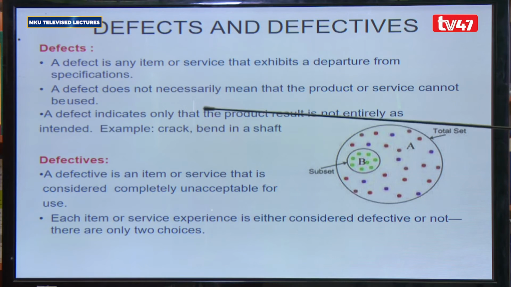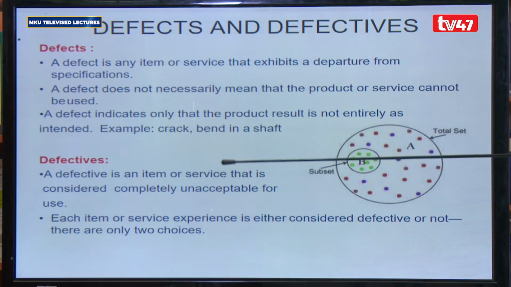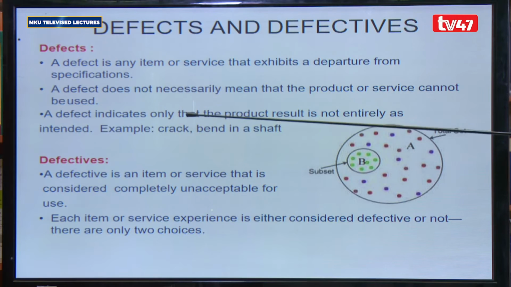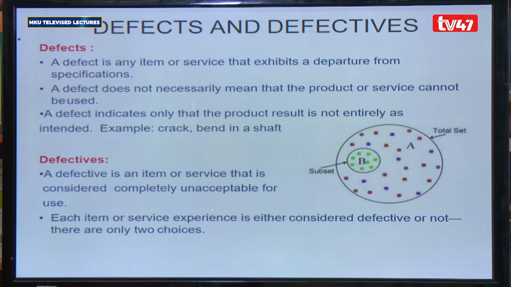Note that a defect does not necessarily mean that the product or service cannot be used. A defect indicates only that the product result is not entirely as intended. For example, we may have a crack on a glass, especially in the beverages, a crack on the bottle.